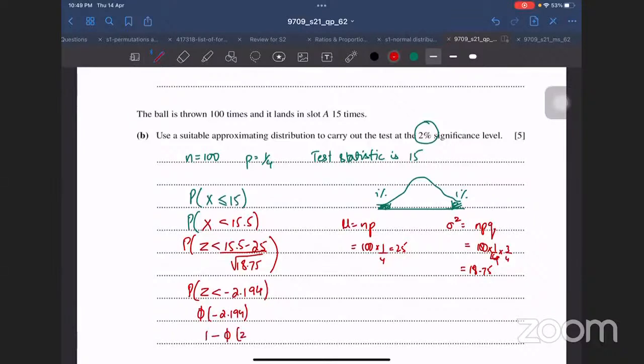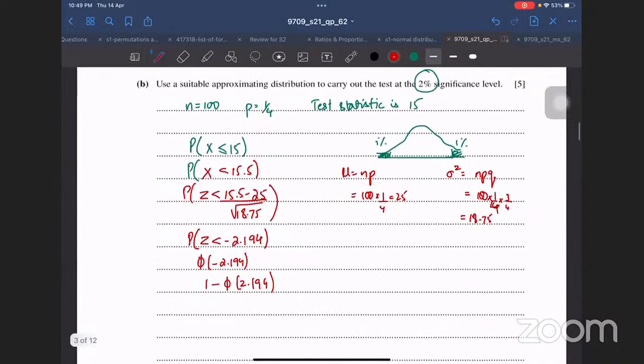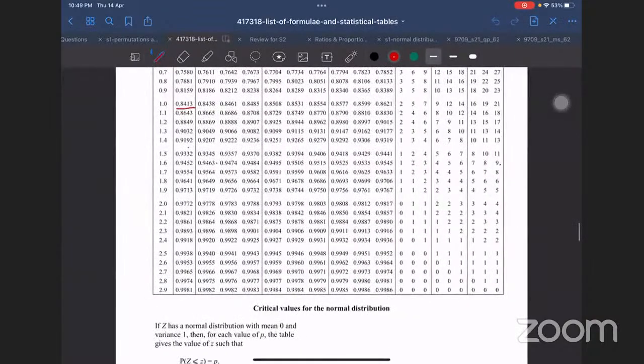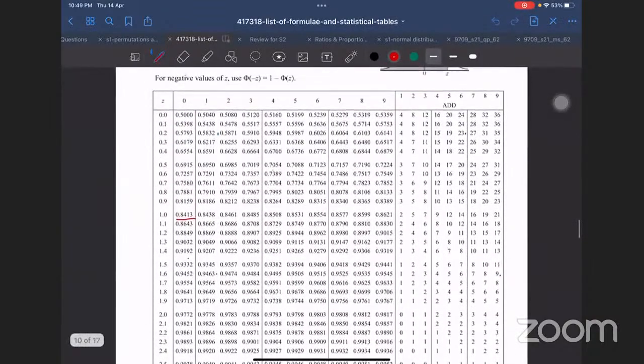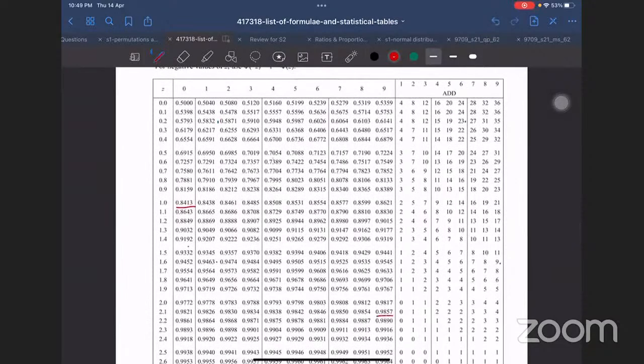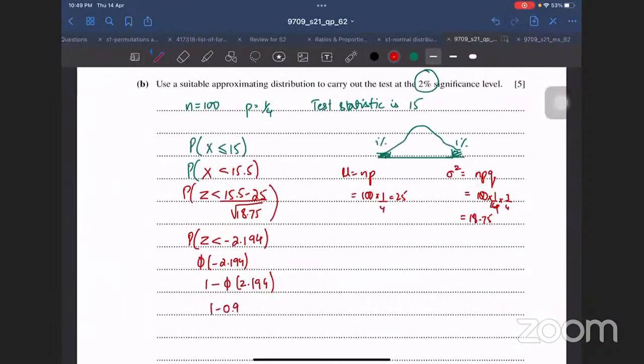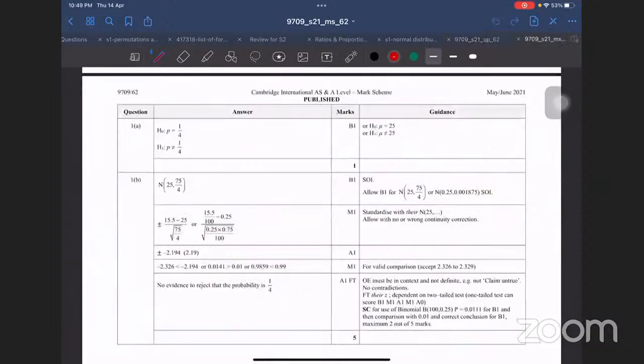So 1 minus the value for 2.194. 2.194 is 2.1 and 9 and 4, so 0.9859. 1 minus 0.9859 is 0.0141. It's 1.41%.